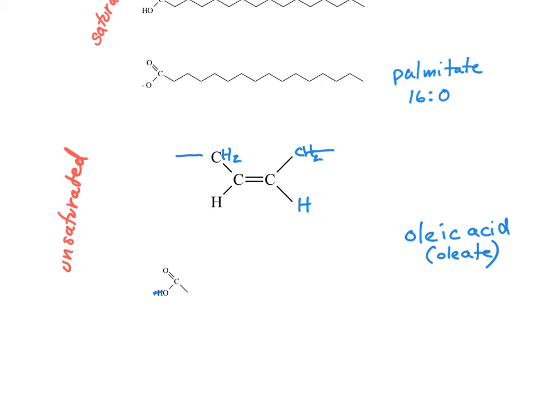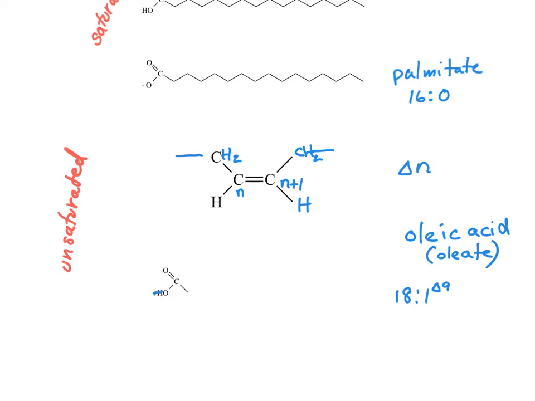When we have a double bond, we are going to use a delta for indicating the position of that. So if we had a delta N, N being a number, that would indicate a double bond between carbon N and N plus 1, the next one in line. So here's how it works out. What we typically see, for oleic acid or oleate, is 18:1 with a superscript delta 9, telling you the position of the one double bond.